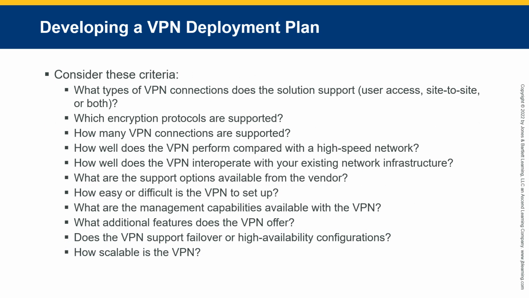So when you're doing the criteria, you want to come up with the types of VPN connections the solution is going to support: user access, site to site, both, etc. The encryption protocols, how many VPN connections are going to be supported in total, how the encryption protocols are supported, how does the VPN perform compared with a high-speed network versus a lower-speed network, and how does the VPN interoperate with your existing network infrastructure.